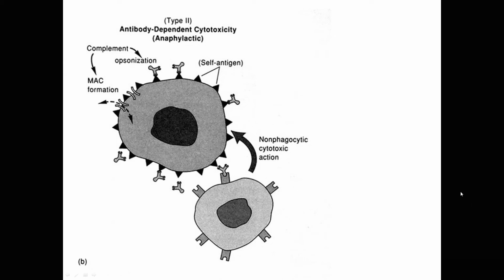Which are the diseases generated by this mechanism? For example, transfusion reactions, erythroblastosis fetalis, hemolytic anemias, especially autoimmune anemias. Some drug reactions are also achieved in the same way.